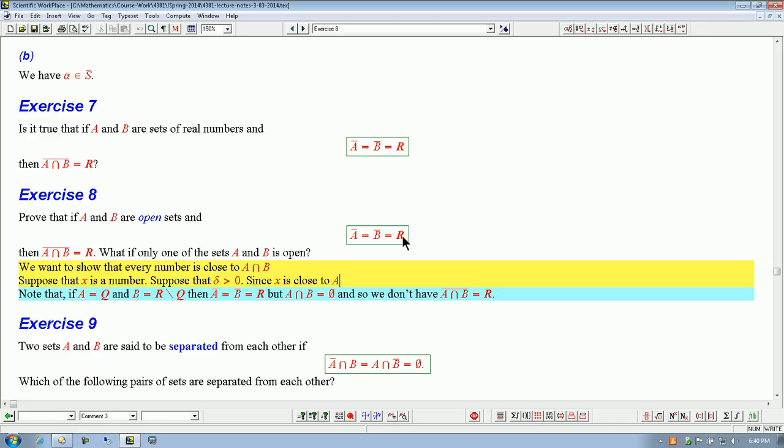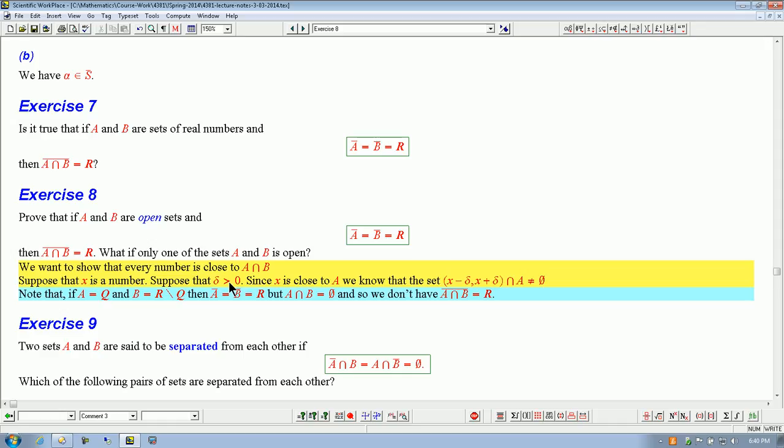You see? Okay. So I know that x is close to A. Since x is close to A, I know that the intersection of the stick center x radius delta with A must be non-empty. Isn't that right? I'm going to take that stick and intersect it with A, and that must be non-empty. You see?